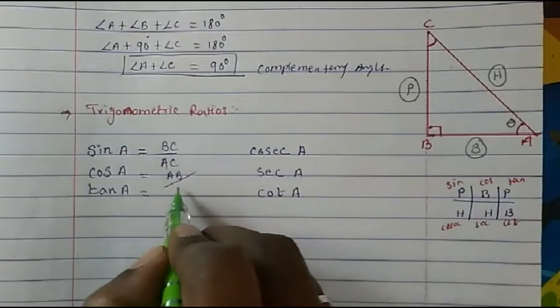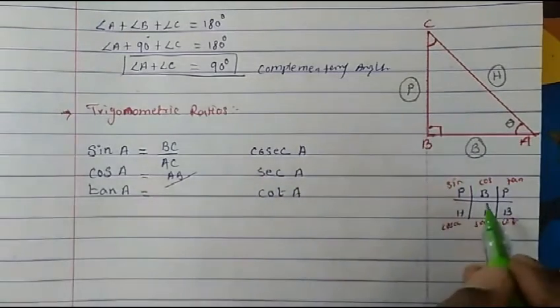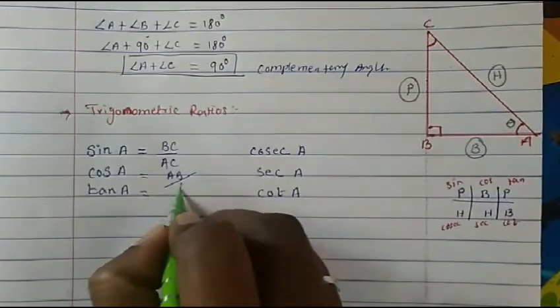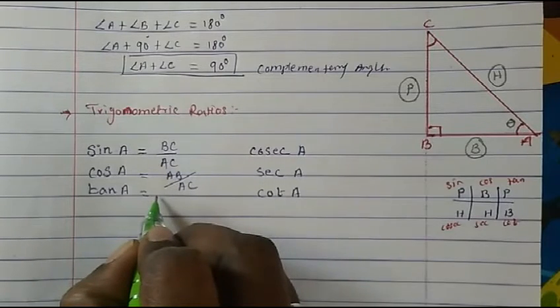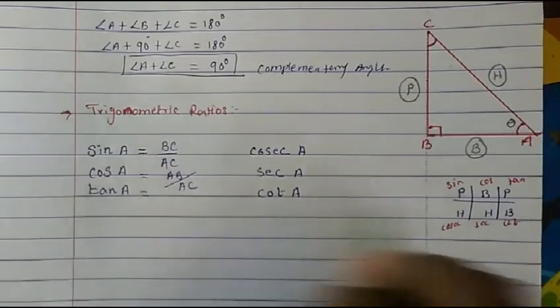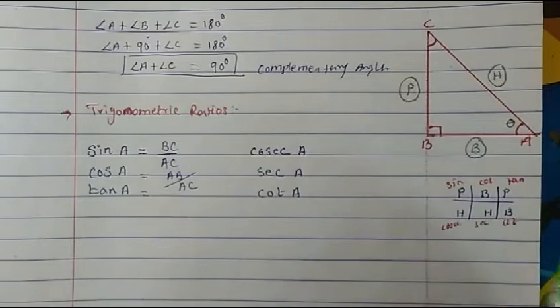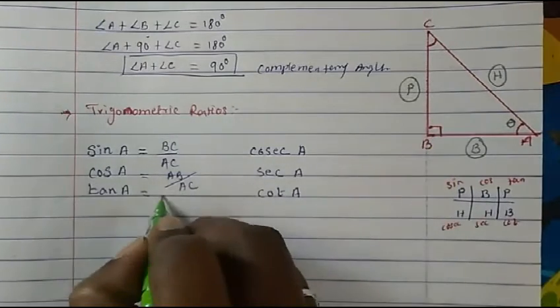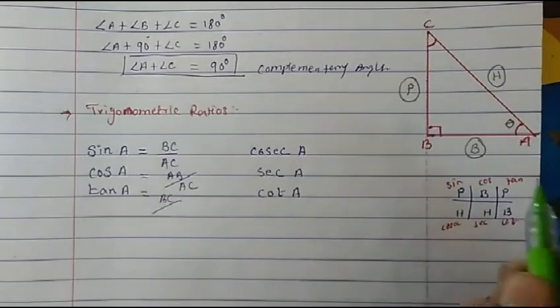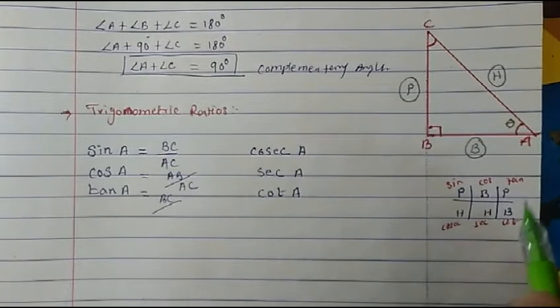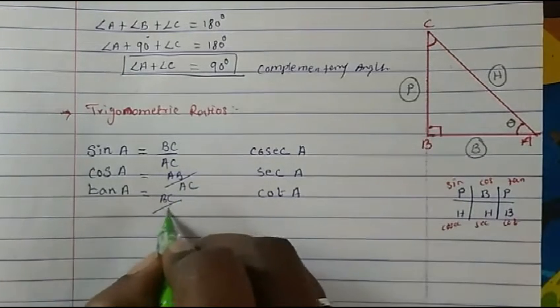and hypotenuse is AC. Same way for tan: perpendicular upon base, so perpendicular is BC and base is AB.